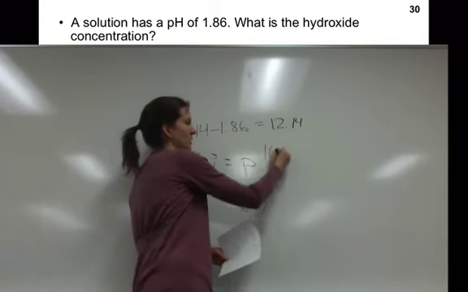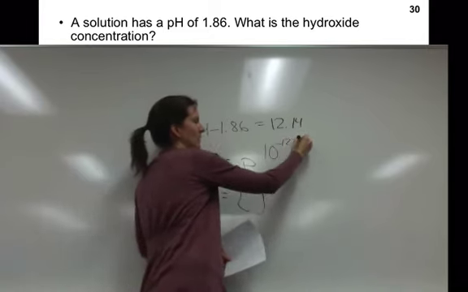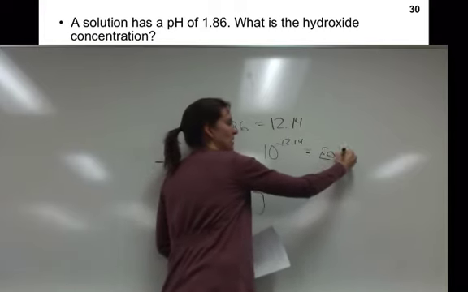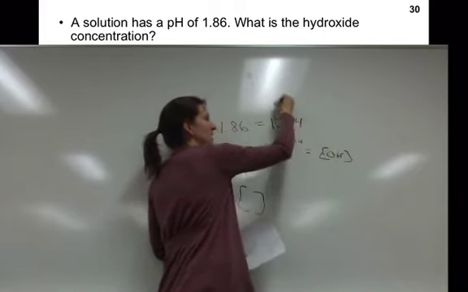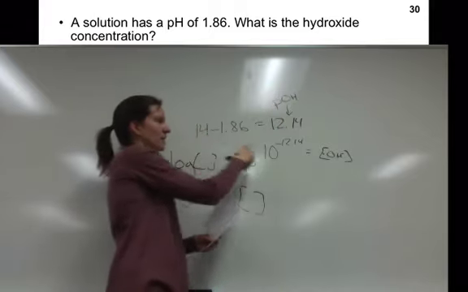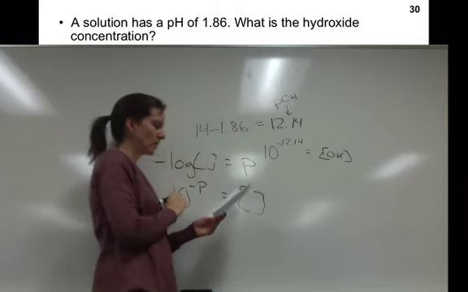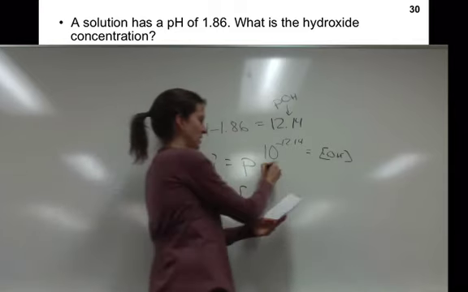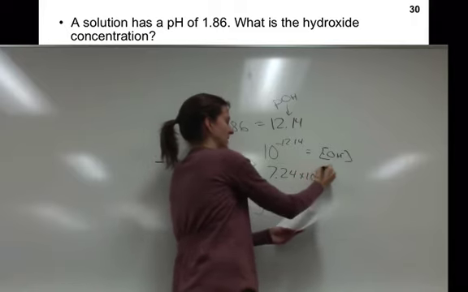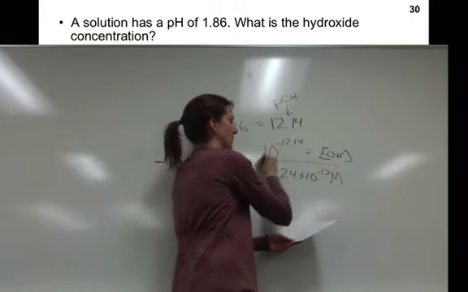And then if I go 10 to the negative 12.14, that is going to be my concentration of OH-, since this right here is my pOH. So I get 10 to the negative 12.14, and I get a final concentration of 7.24 times 10 to the negative 13 molar.